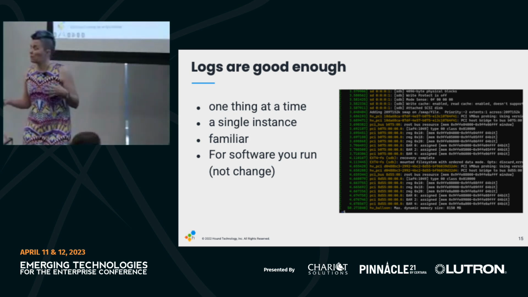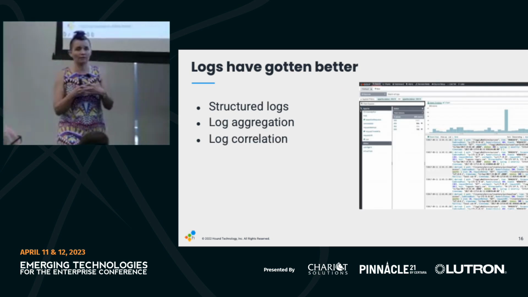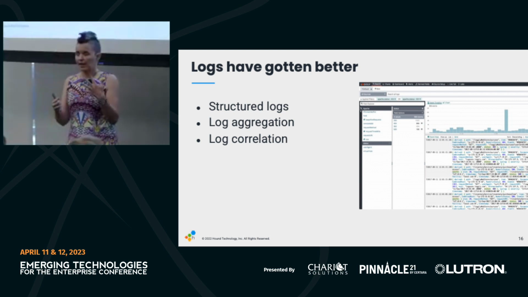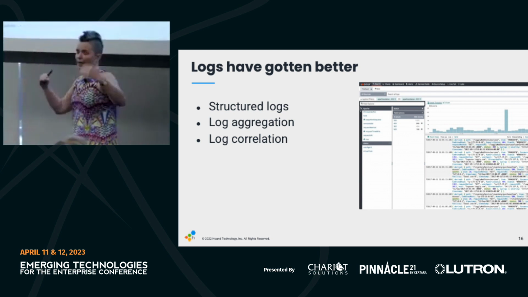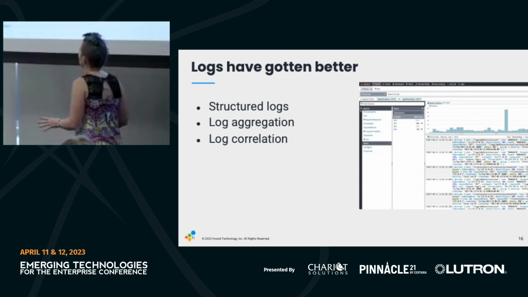Then they can be useful, but they don't scale, right? They don't scale to when you're doing a whole lot of things at once. And there's a lot of this service running, and now all those independent log lines are totally mixed up and really hard to get anything from.